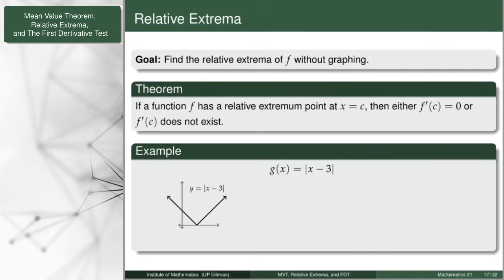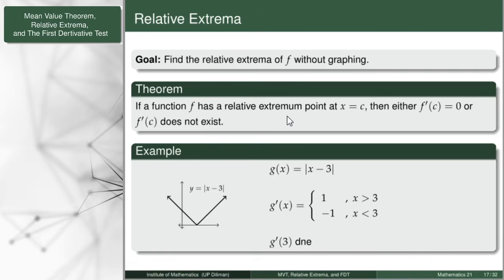Also, if I have the absolute value of x minus 3, clearly you will have a relative minimum at this point, which is just a 3, the one that gave you a 0. If you try to get the derivative of your function, you will see that it will not be differentiable at 3, and true enough, relative extrema will imply that the derivative will be 0 or non-existent at the x value.